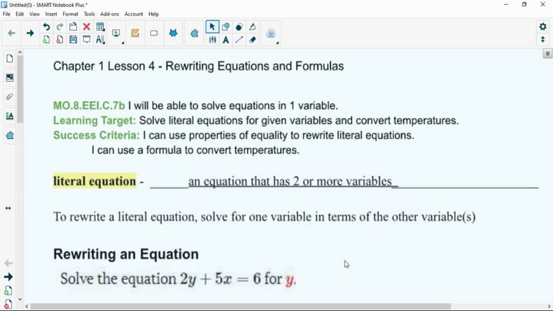A literal equation is an equation that has two or more variables in it. It states that to rewrite a literal equation, solve for one variable in terms of the other variables.